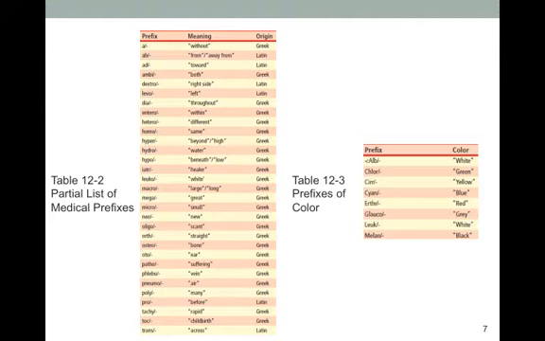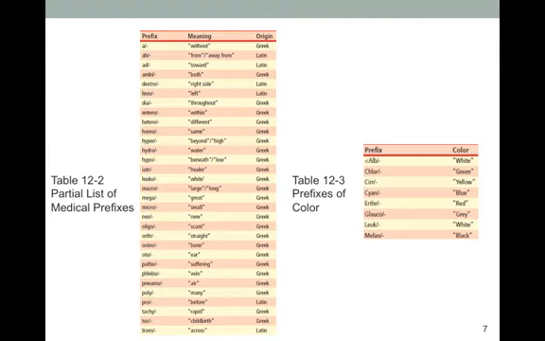This is a partial list of medical prefixes. A, like apnea, would mean without breathing. Ab, from or away. This would be a prefix before the root word. Dextro, right side. An example of this using dextro, dextrocardia, which would mean heart on the right instead of the left.